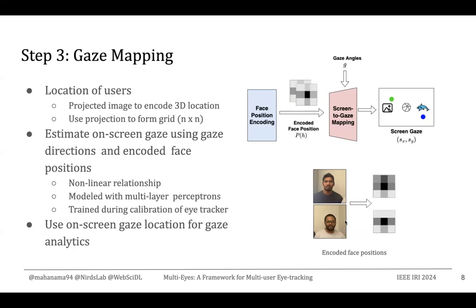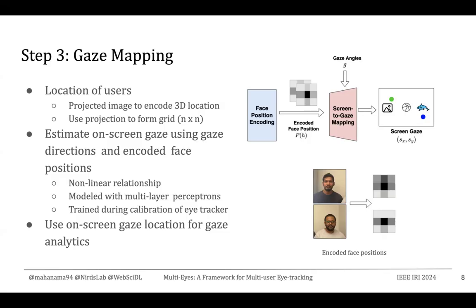For estimating the location, we use an image projection and form a grid based on the location of the face in the image. We call these the encoded face portions, and we combine these encoded face portions with the gaze directions to estimate the on-screen gaze locations.